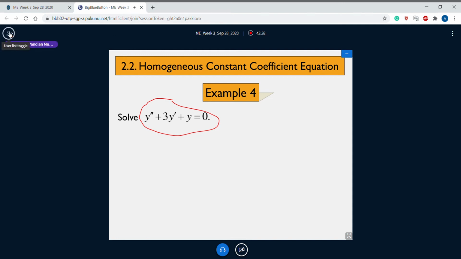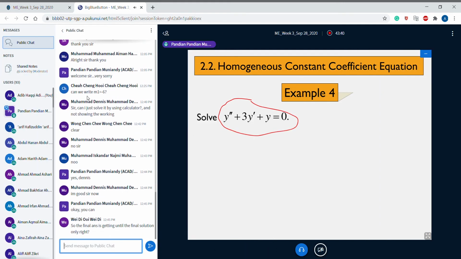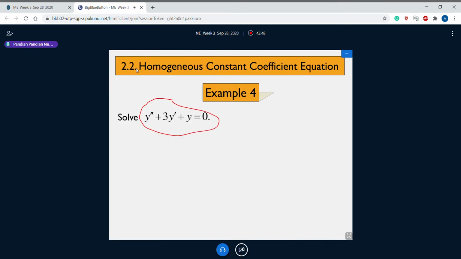Okay, so there are many ways. There are many ways you can solve this problem without repeating all the steps.